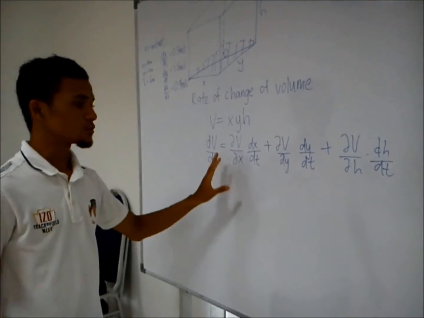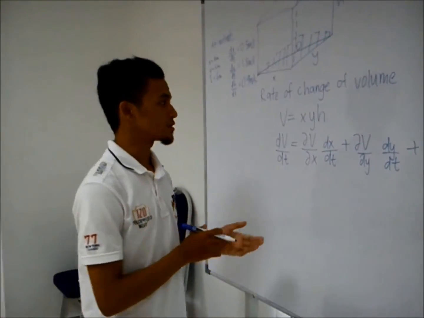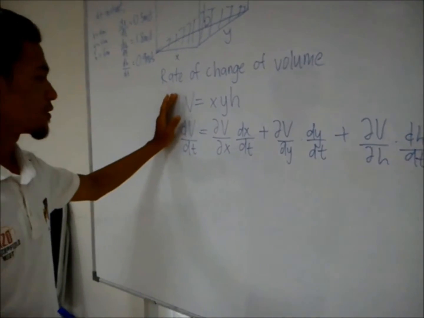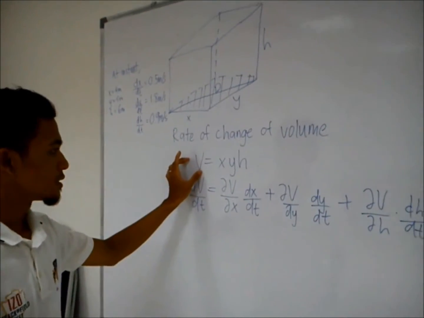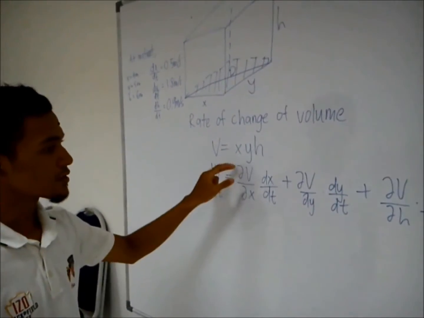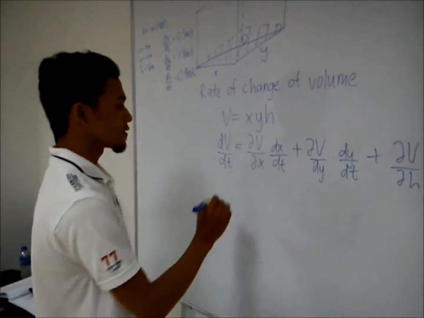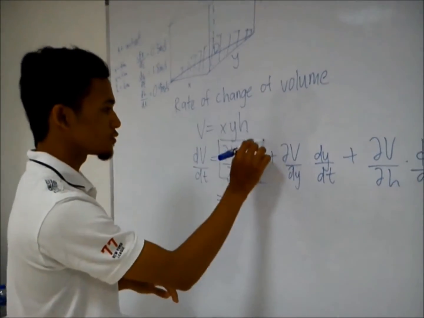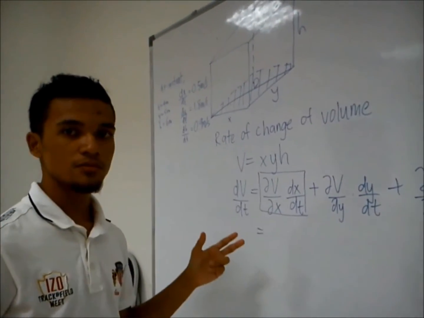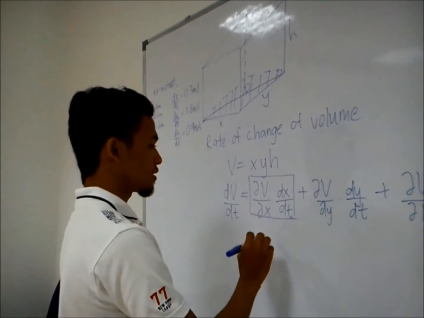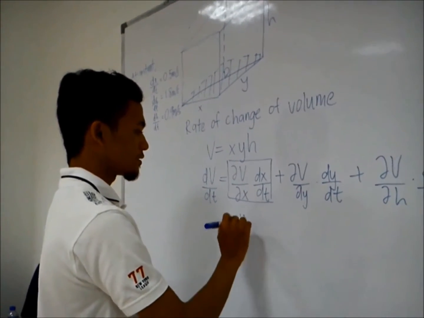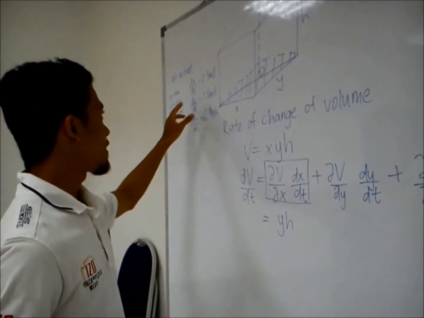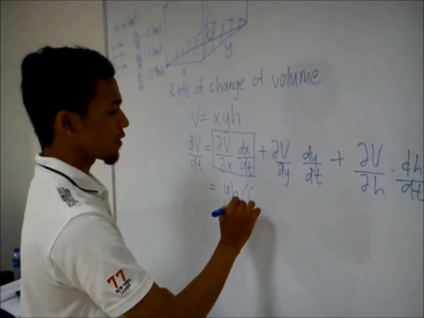So from here we need to differentiate the equation of the volume partially with respect to x, y and h. For this section we do the partial differential of the volume with respect to x, which is yh. So yh will be multiplied with dx over dt, which is 0.5.